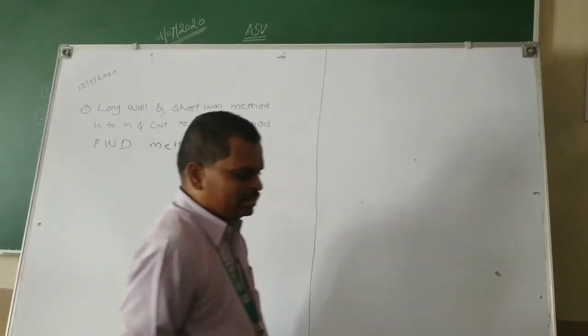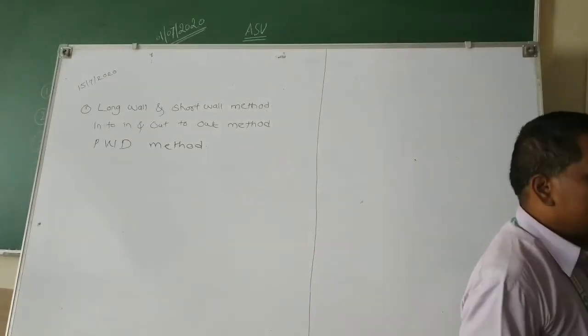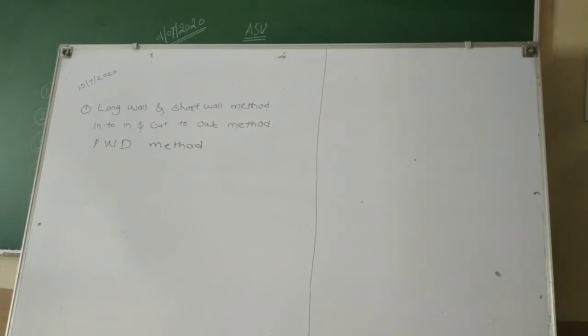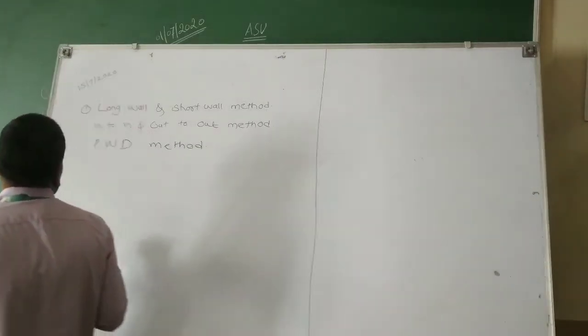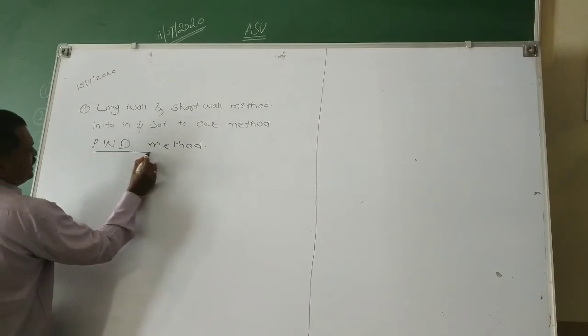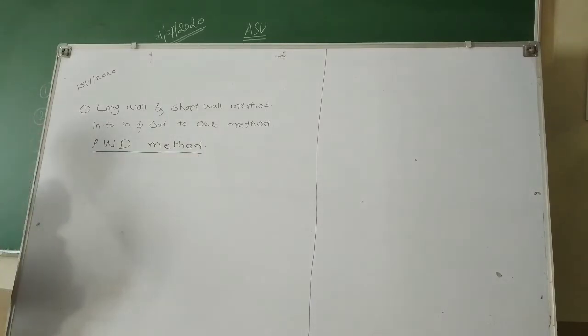Because this method is used by our Public Works Department, that is PWD, to calculate the quantities of different items of work. So we are going to study this method in detail so that during your career you do not face any problems. The PWD method is nothing but the long wall short wall method.